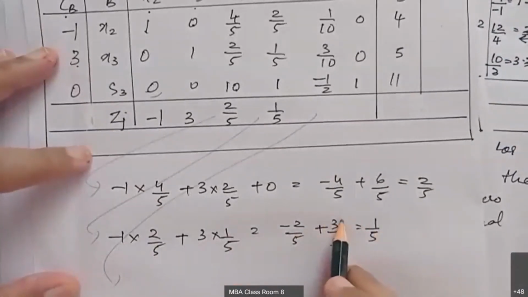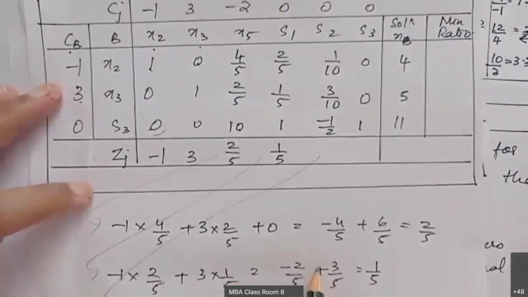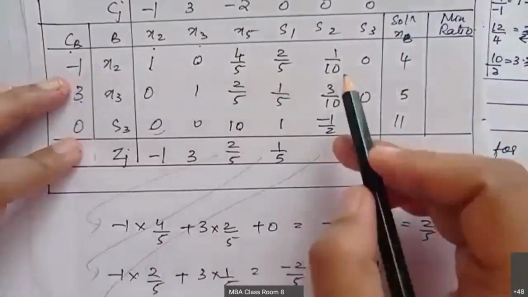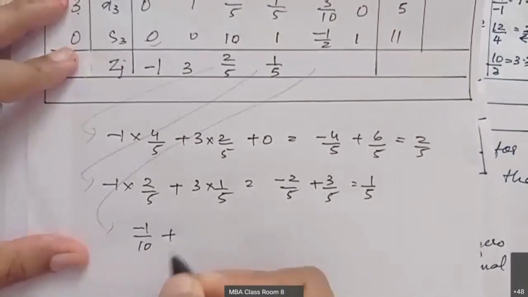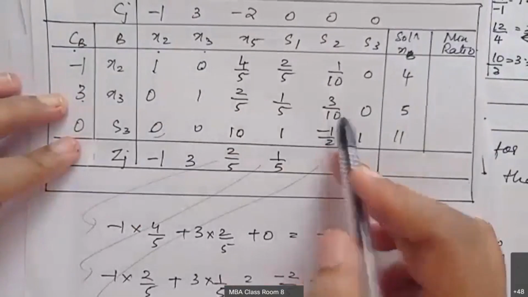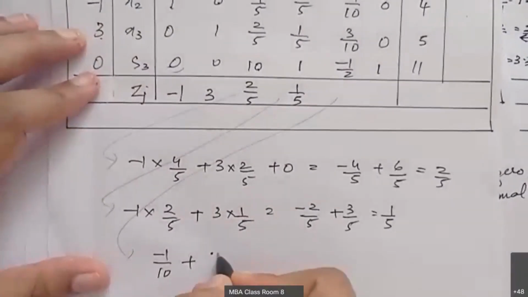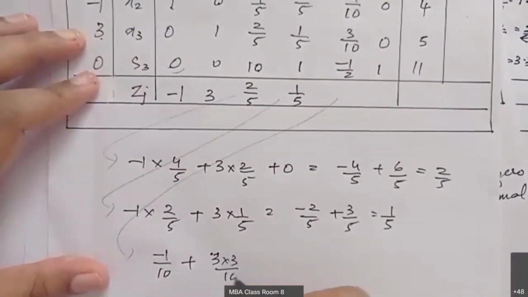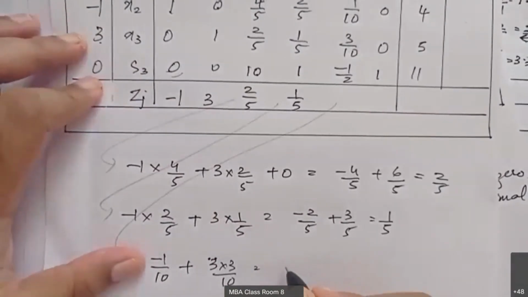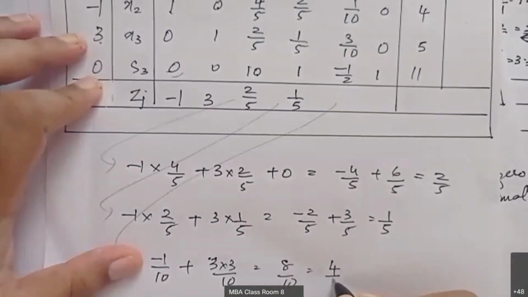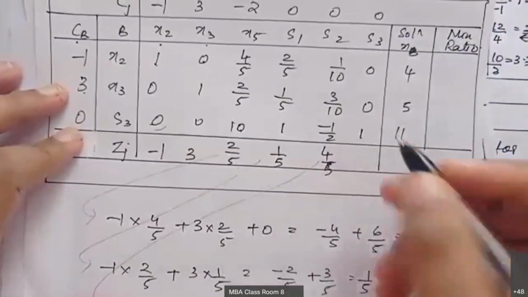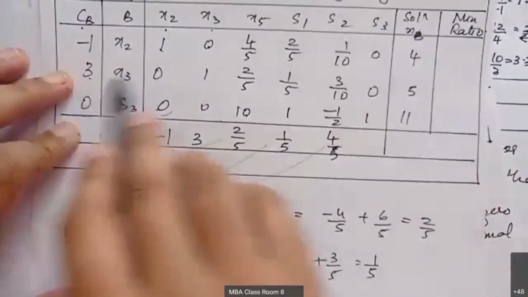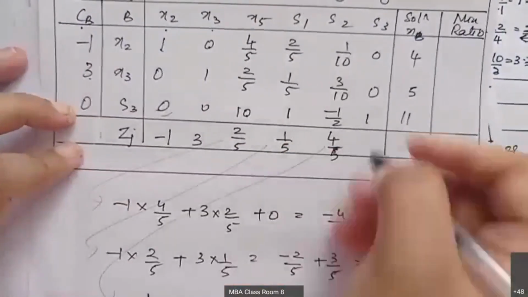This is the previous value. Now the next one is, okay, minus 1 into 1 by 10. That is minus 1 by 10 plus 3 into 3 by 10, which is 9 by 10. Okay, you will get 8 by 10, which is equal to 4 by 5. Okay, so this value will be 4 by 5. Next one, minus 1 into 0 plus 3 into 0 plus 0 into 1, which is 0.